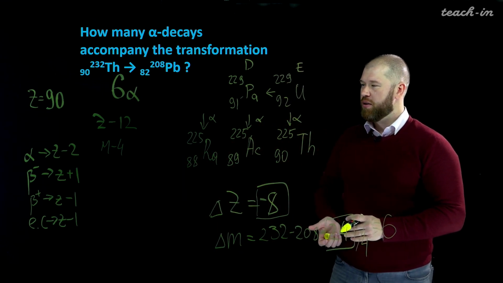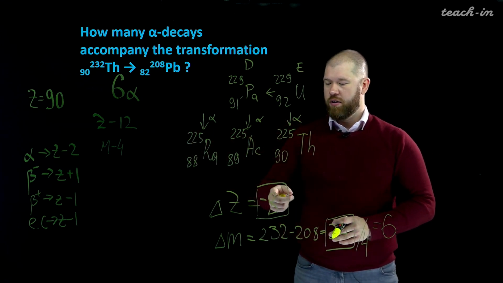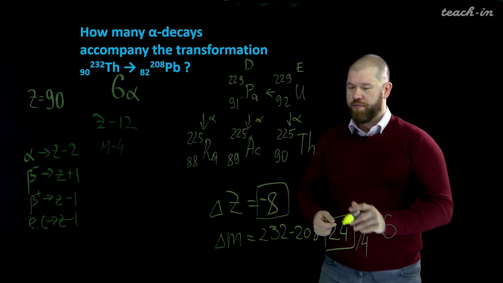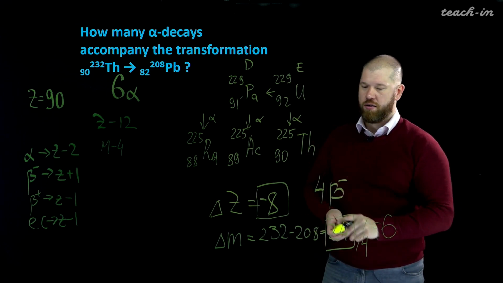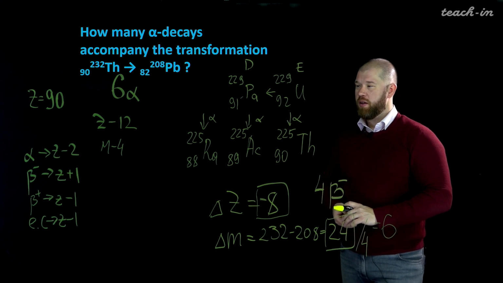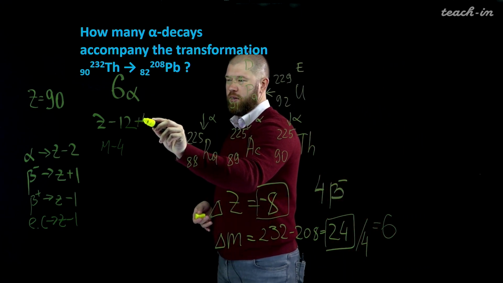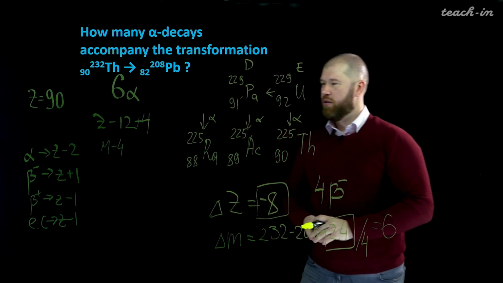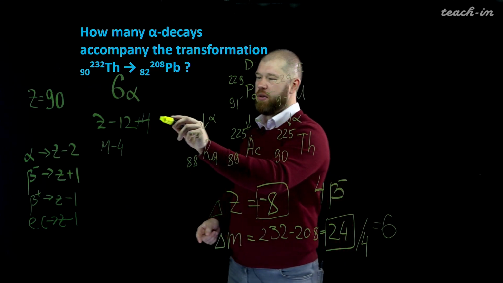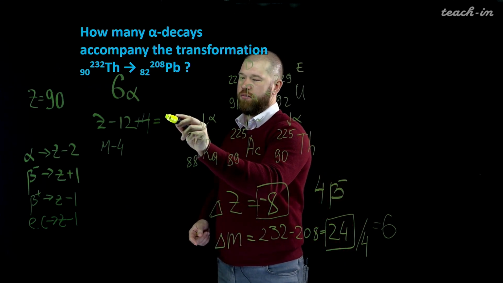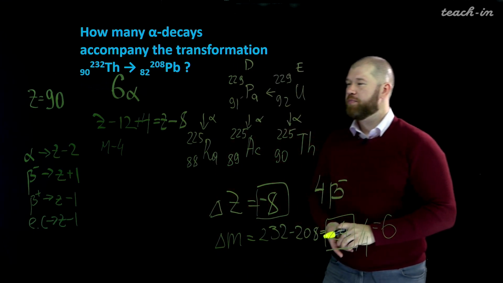And how many beta minus decays should we take? 12 minus 8. That means that it should be 4 beta minus decays. In this case, we will add 4 beta decays, and we will get our observed difference in charge like this.